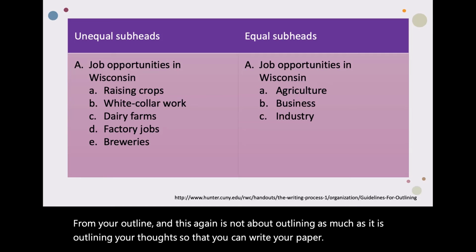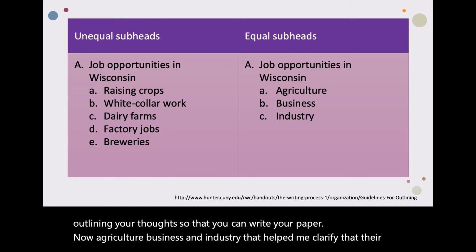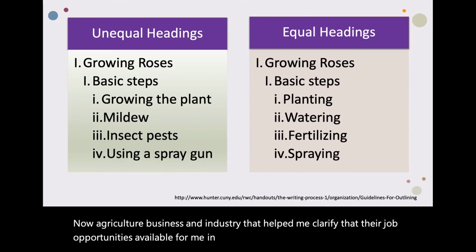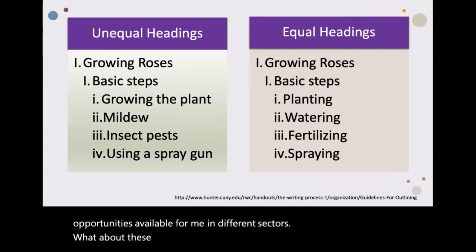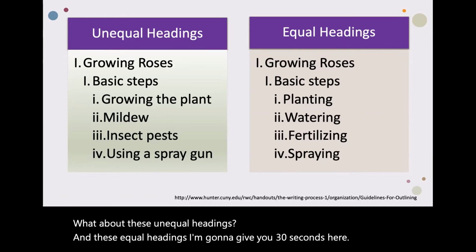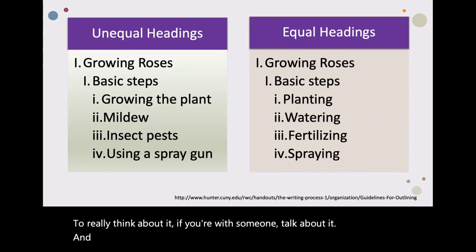Now, agriculture, business, and industry, that helps me clarify that there are job opportunities available for me in different sectors. What about these unequal headings and these equal headings? I'm going to give you 30 seconds here to really think about it. If you're with someone, talk about it and consider what makes it unequal. 30 seconds.